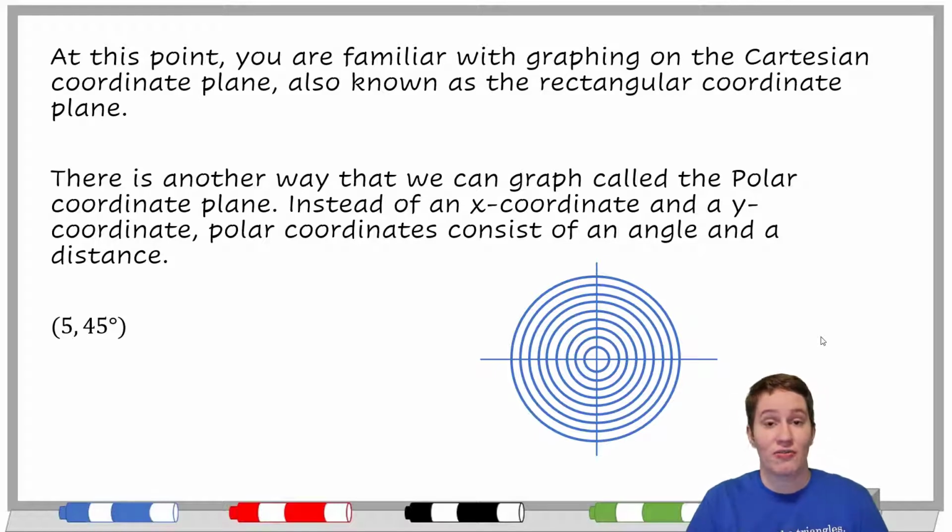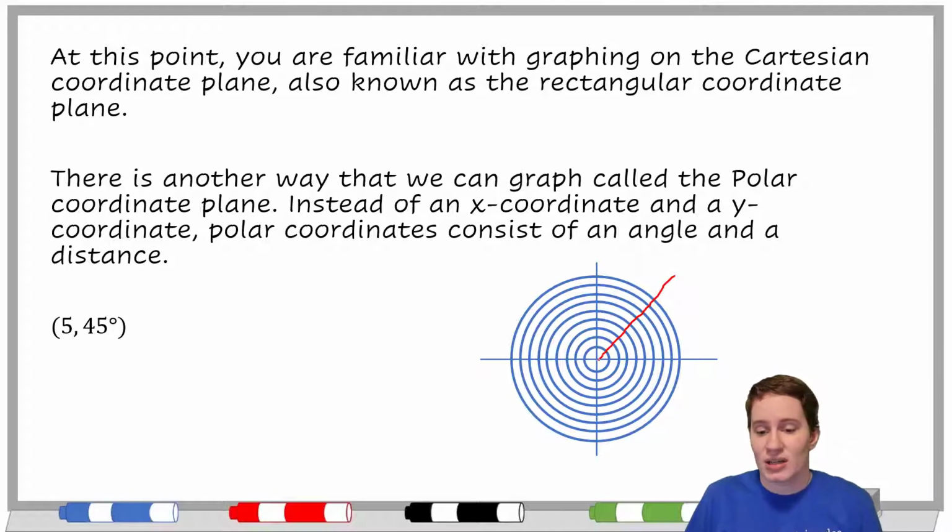So for instance, if I have 5, 45 here, the 45 is talking about the angle. So we would come over here and attempt to make a 45-degree angle. Typically, anytime I've done this, we've just approximated this. You could pull out a protractor to get a more exact 45-degree angle, but somewhere along this line is the point 5, 45 degrees.